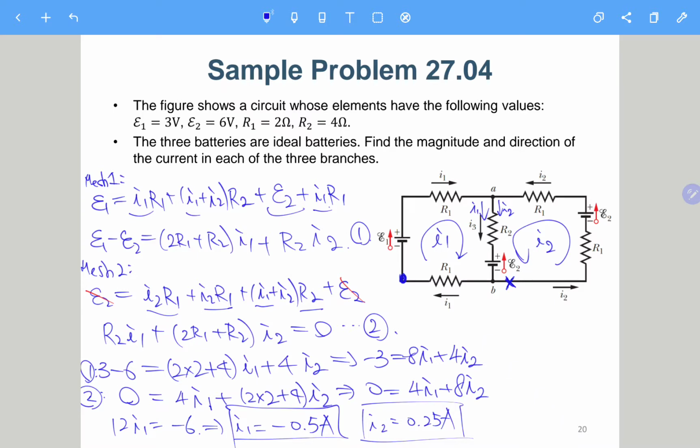Okay, so we already find I1 and I2, and for I3, we already know I3 is I1 plus I2. So it is nothing but minus 0.5 plus 0.25, which is minus 0.25.